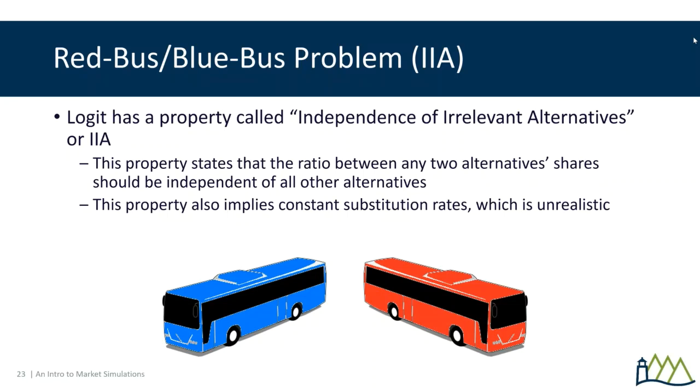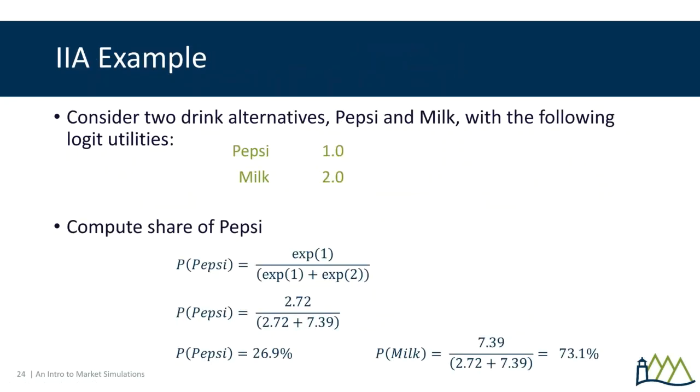It implies a constant substitution rate, which is unrealistic. That might be a little confusing, so we'll run through an example with drinks. We're going to consider two drink alternatives, Pepsi and milk, with utilities of 1 and 2, respectively.